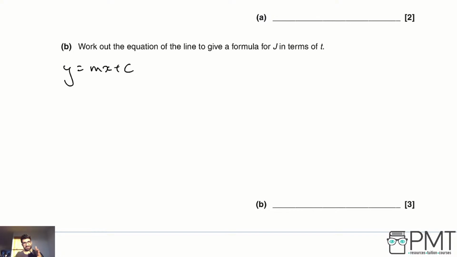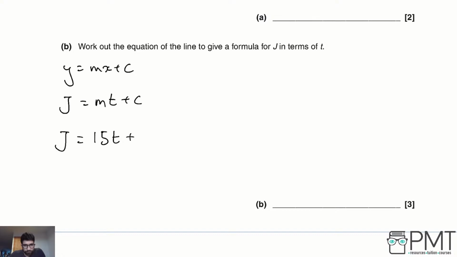On the y-axis we had j, so j is going to be our y, and then mt plus c. Other than that, it's still the same approach. You use your m, which is the gradient that you found. So j is 15t plus c.